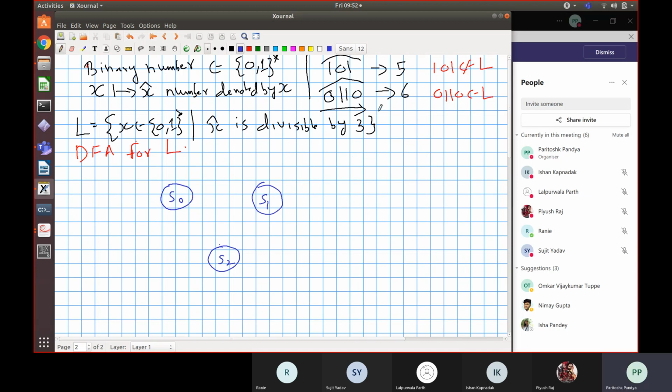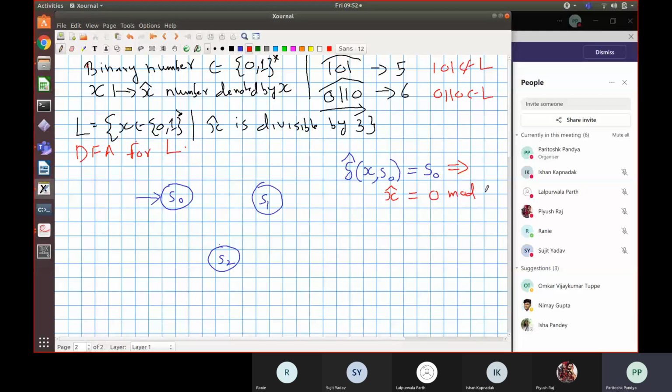Given a string x, if delta hat of x, starting from the start state S0, if you process x, where should you be? If you are in S0, then this implies that x hat is equal to 0 mod 3.